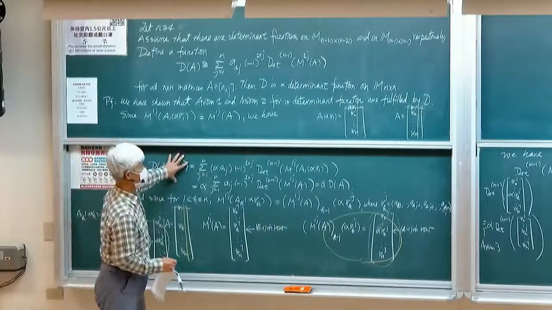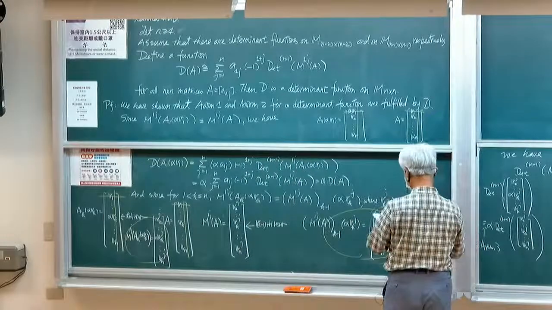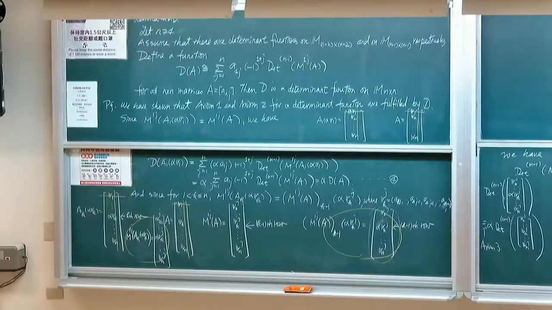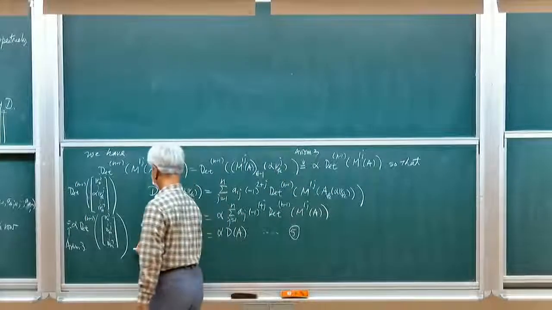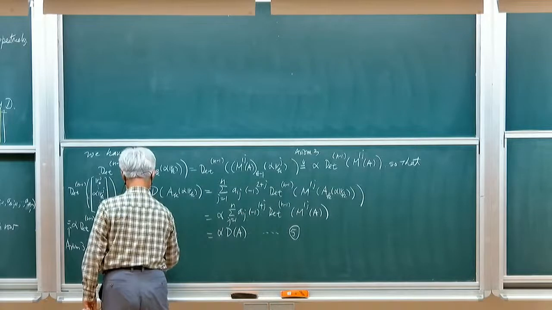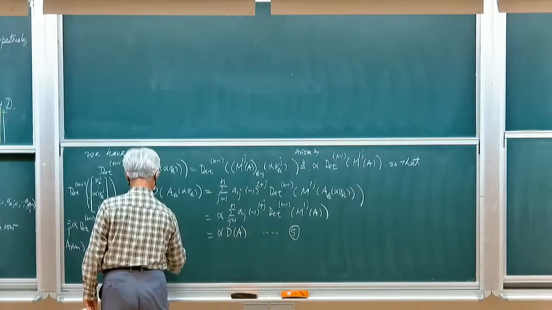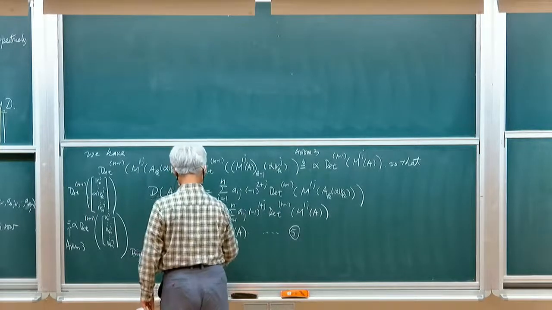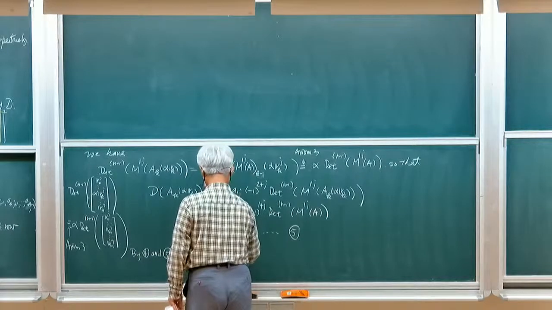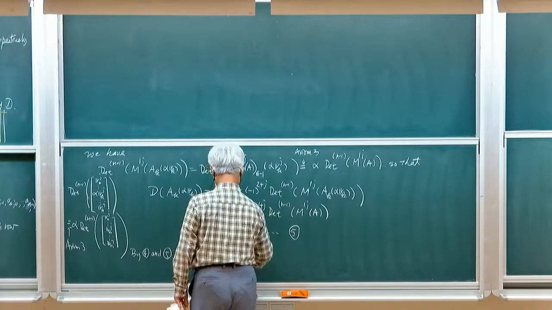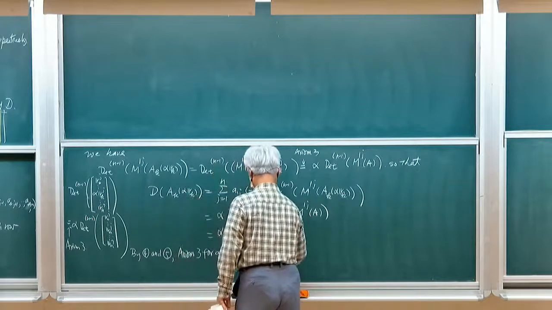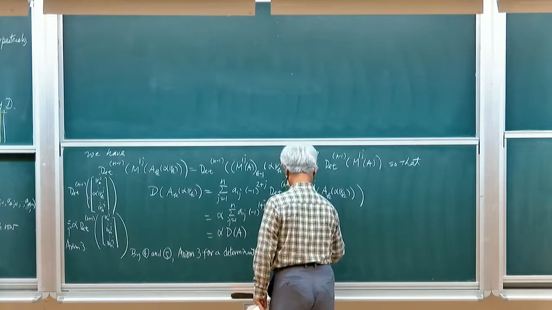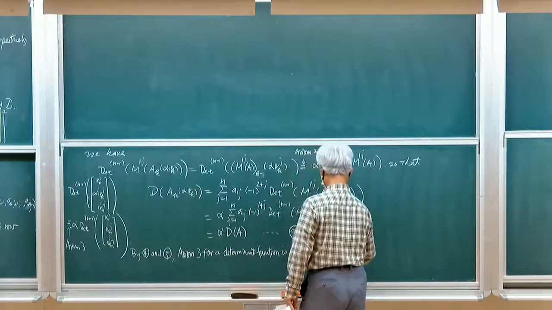Okay. So from this one and this one, if this is 4, this is 5. Okay, so by 4 and 5, axiom number 3 for a determinant function is fulfilled by D. Right?